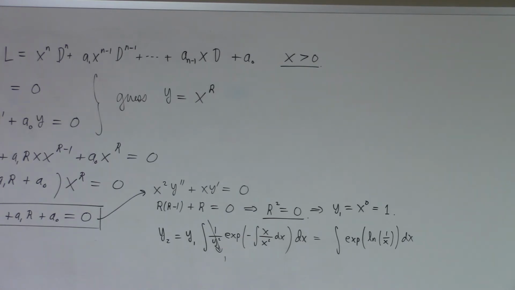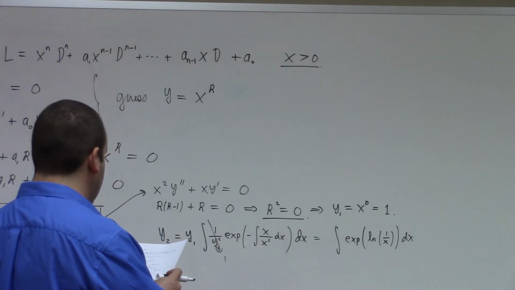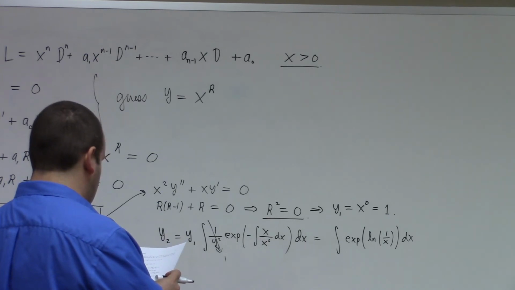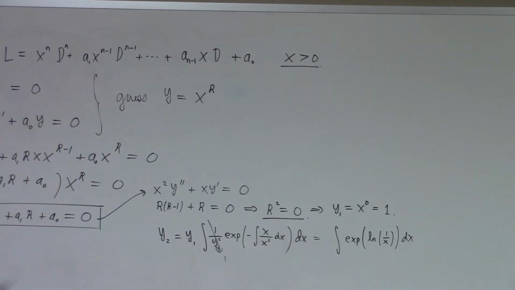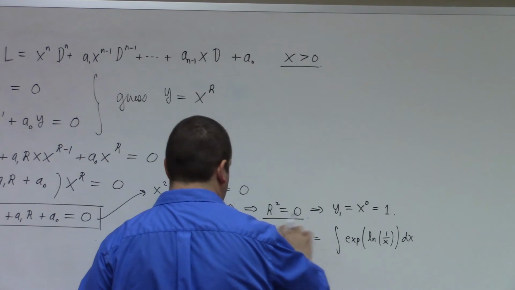Yeah. No, you're right. y1, 1 over y squared exponential minus b over a. All right, okay. So then what? Yeah, so this is 1 over, so it's minus the natural log.